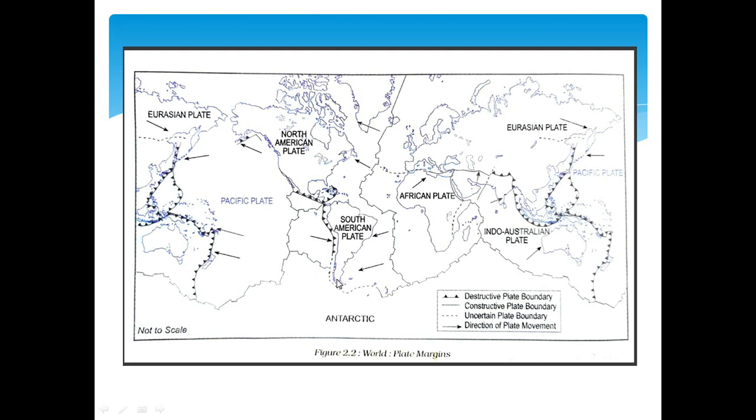And in olden times, before the plates started moving, all this land mass was a single landmass, and that landmass was known as Gondwana land. It included Australia, South Africa, and South America as a single landmass.